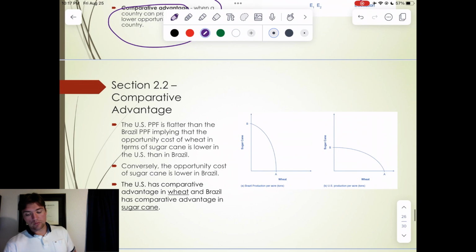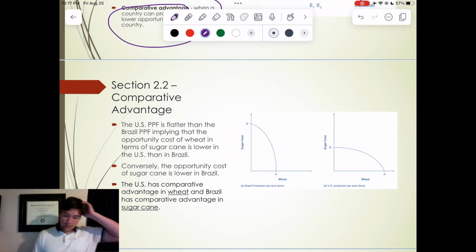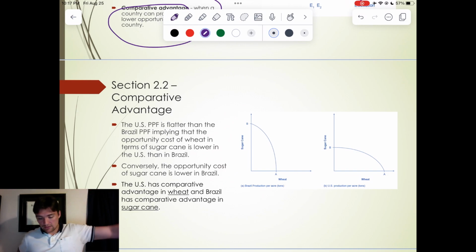So when we're talking about comparative advantage, let's look at two different countries here. Let's look at the US and Brazil. The US PPF is much more flat than the Brazilian PPF curve, implying that the opportunity cost of wheat in terms of sugarcane is lower in the US than Brazil. Let me show you what we're talking about here.